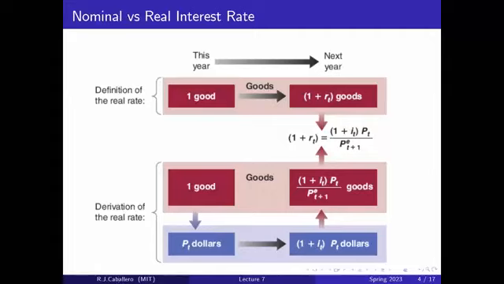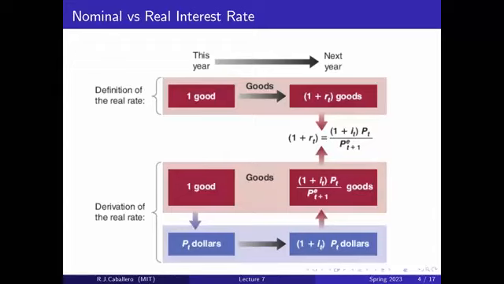Now, suppose that I go this route instead. That's what I want to get to, but let me do it through the only instrument I have, the nominal bonds. So if I buy 1 unit of goods today, that means I'm really buying P_t dollars in that bond. P_t is the deflator we have.